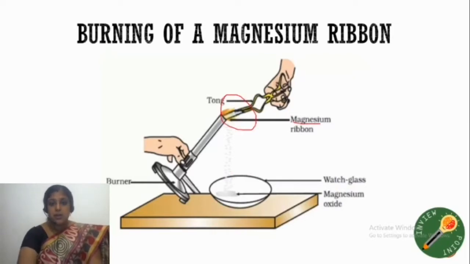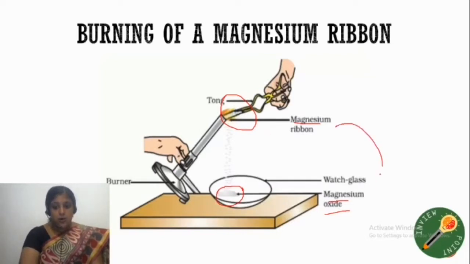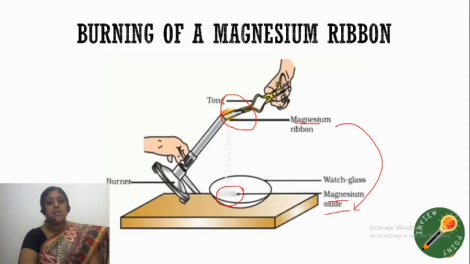When you are burning, it requires oxygen. So magnesium reacts with oxygen in the air to form a white powdered ash. And what is this white powdered ash? It is magnesium oxide. So we find that magnesium reacts with oxygen to form magnesium oxide. Is that clear, students? So this is an example for chemical reaction.